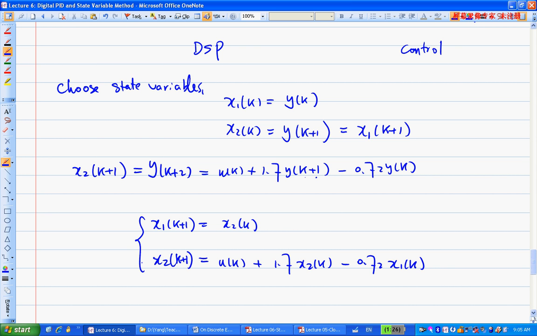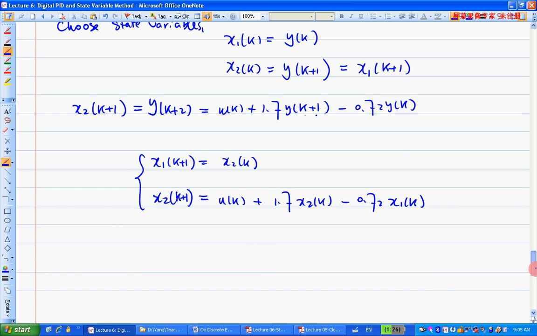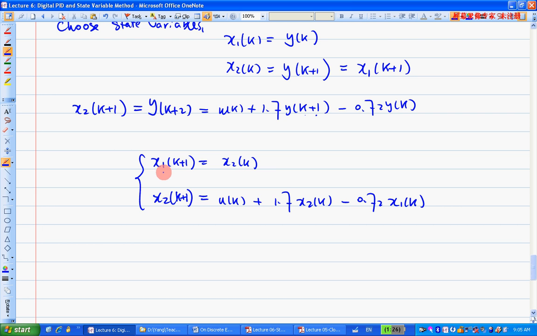So now I have a set of equations describing the relationship between x1 of k plus 1, x2 of k plus 1, and x1 of k and x2 of k, plus this u of k.